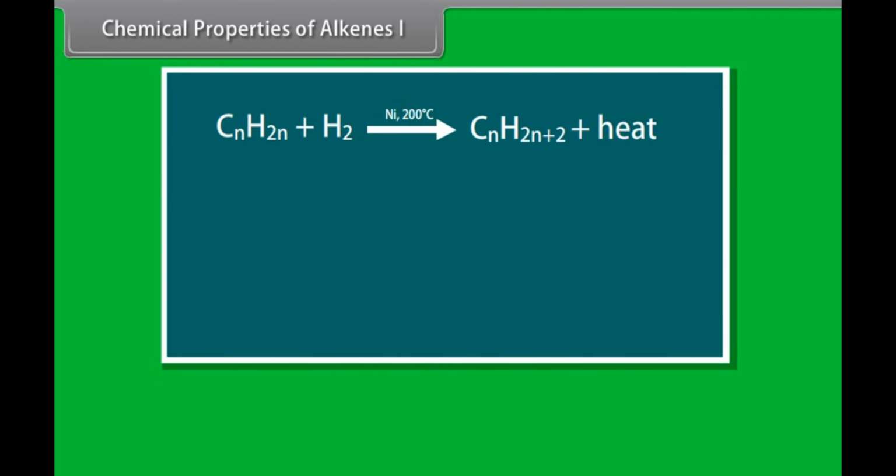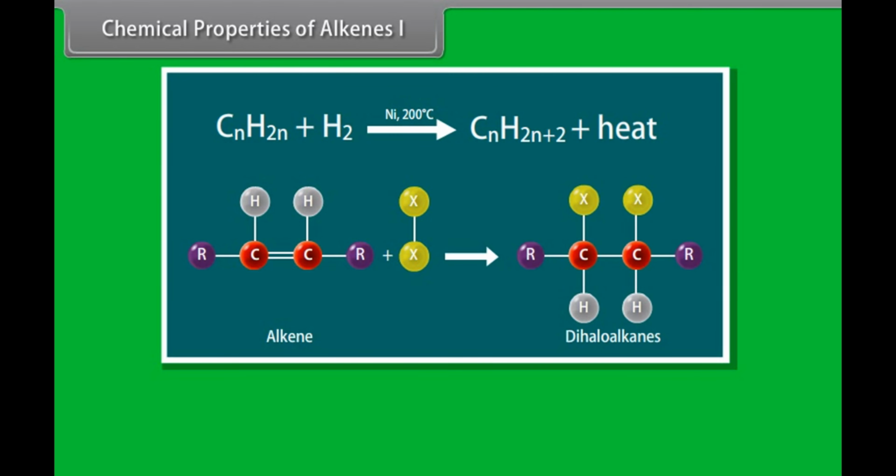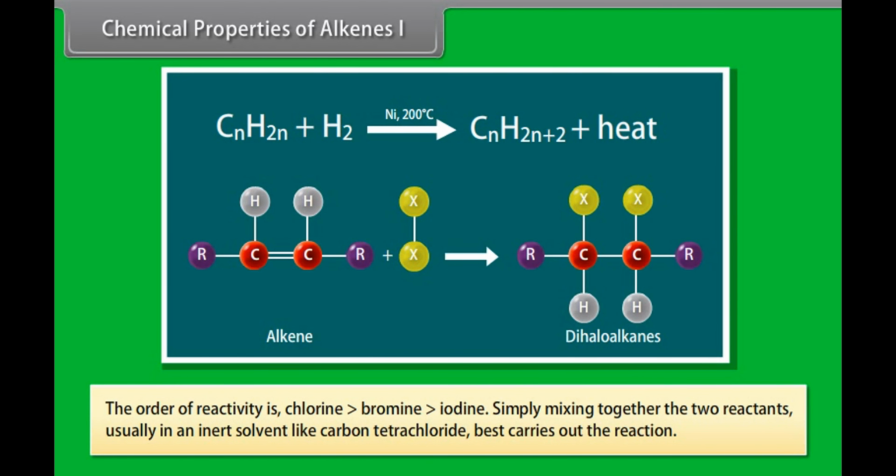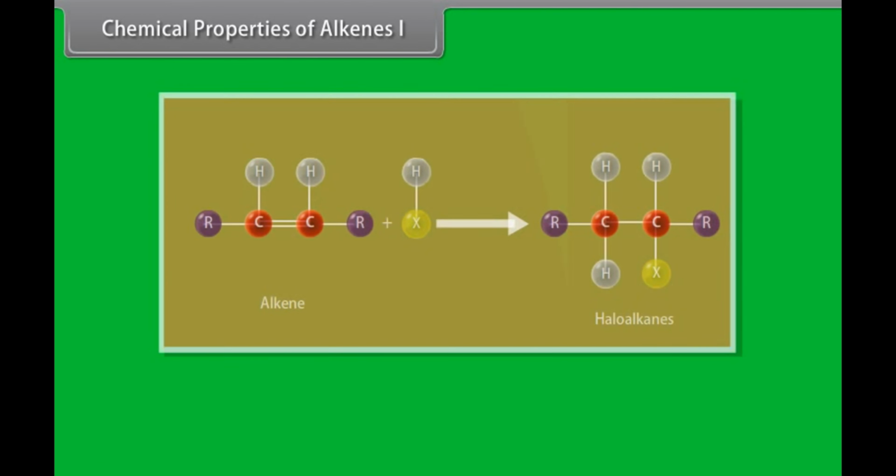Addition of halogens. Alkenes react with halogens to form dihaloalkanes. The order of reactivity is chlorine greater than bromine greater than iodine. The reaction is best carried out by simply mixing together the two reactants, usually in an inert solvent like carbon tetrachloride. Addition of halogen acids.